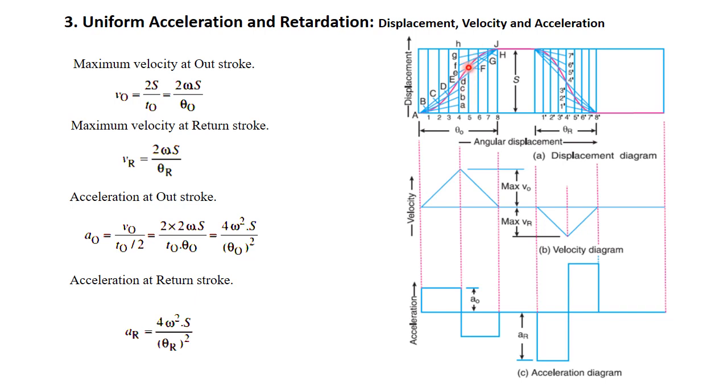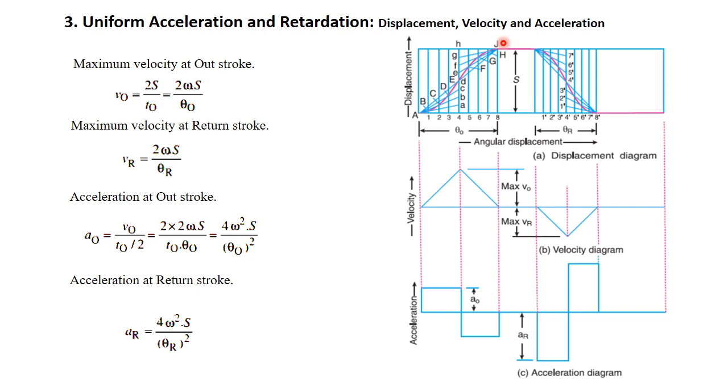So that point is located as F. Then line JF is intersecting with the vertical line from 6, and this point can be noted as point G. Similarly, we get point H and point J.